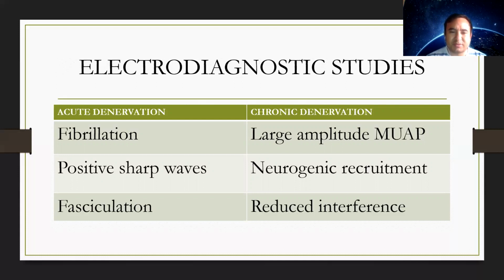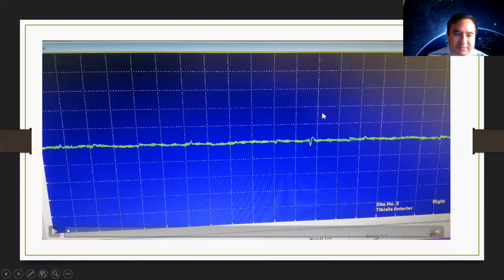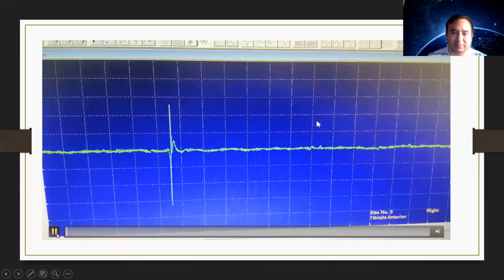But most of the time, we get this type of feature about 1 to 2 weeks after denervation of the muscles. In chronic denervation, you can get large amplitude motor unit action potentials, neurogenic recruitment and reduced interference if you do the EMG analysis. So let us see one of the images.